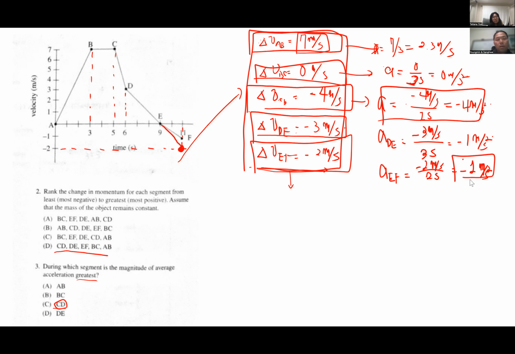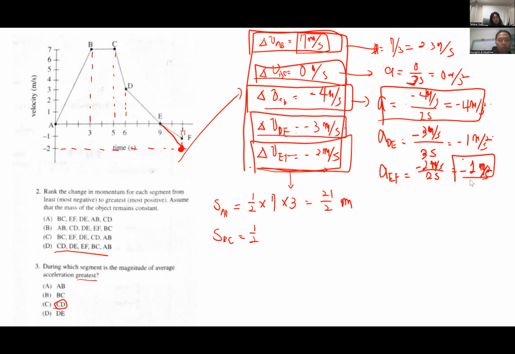So the distance along the path AB, distance SAB, is triangle 1/2 times 7 times 3. That's so velocity varies over 3 seconds, so that is 21/2 meter.